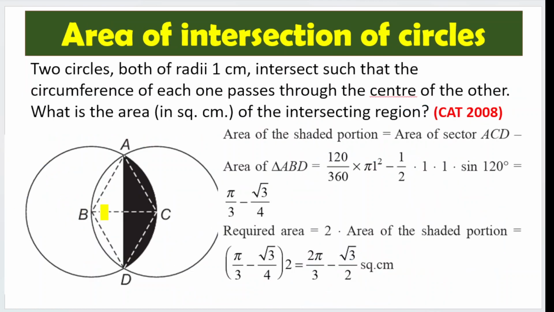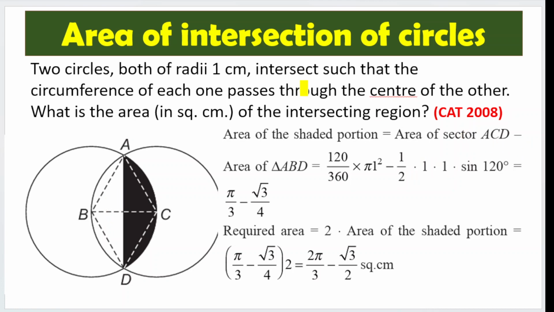Now, this angle is 120 degrees and this side is 1, this side is 1. So half into 1 into 1 into sine 120. We know sine 120 is root 3 by 2.